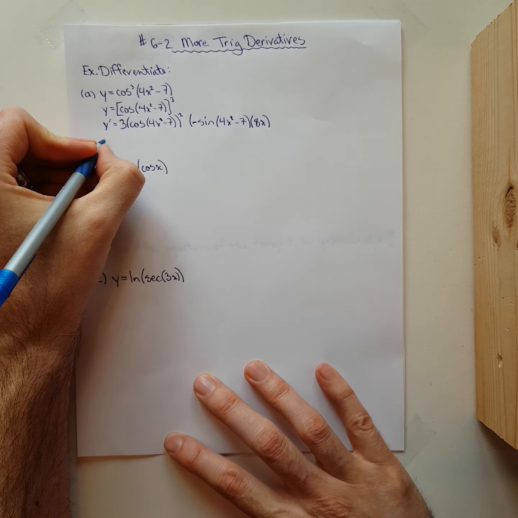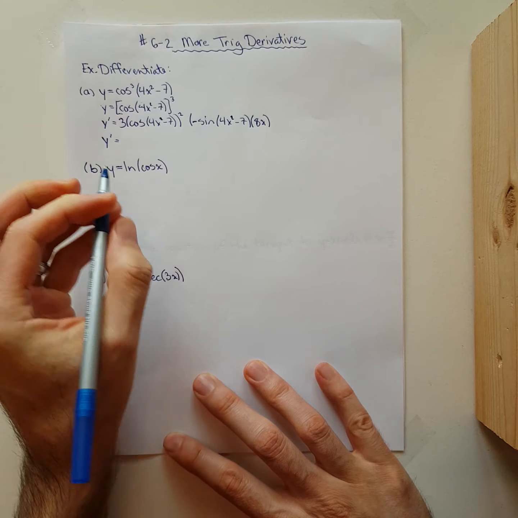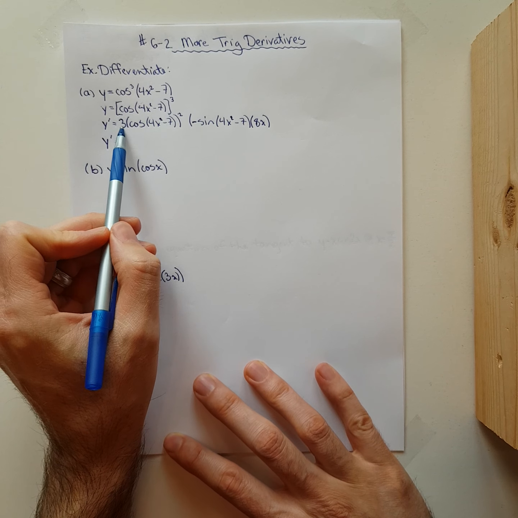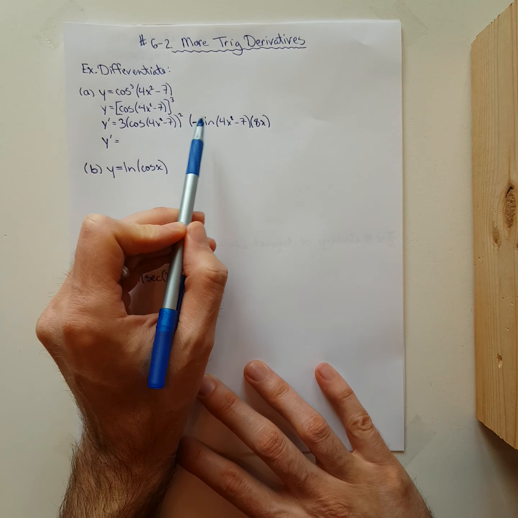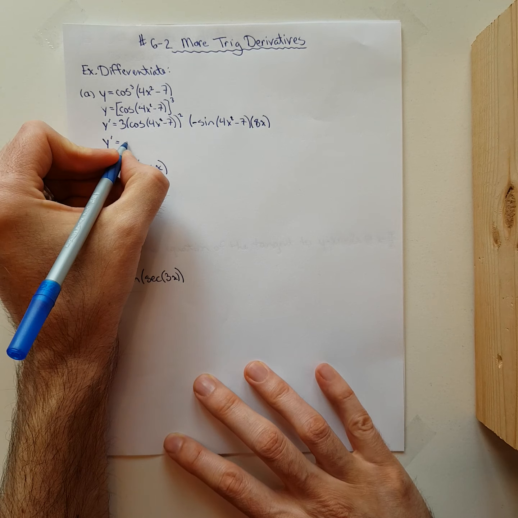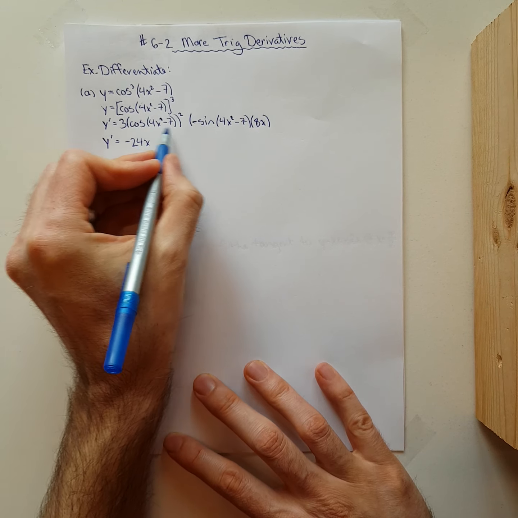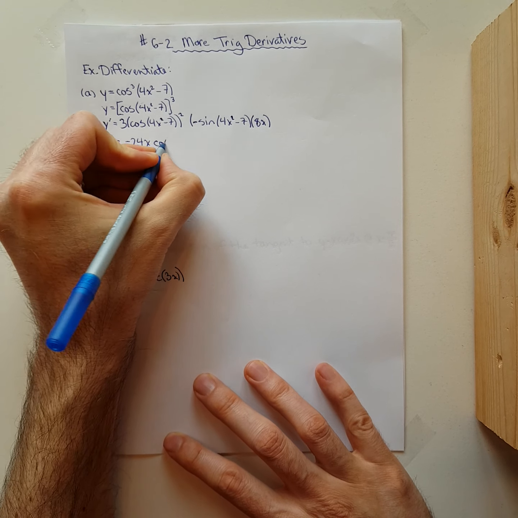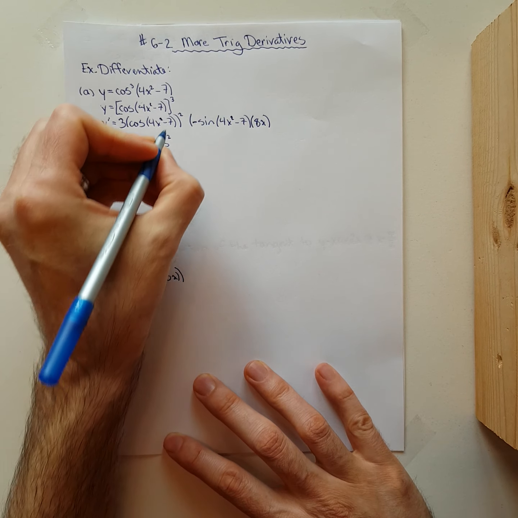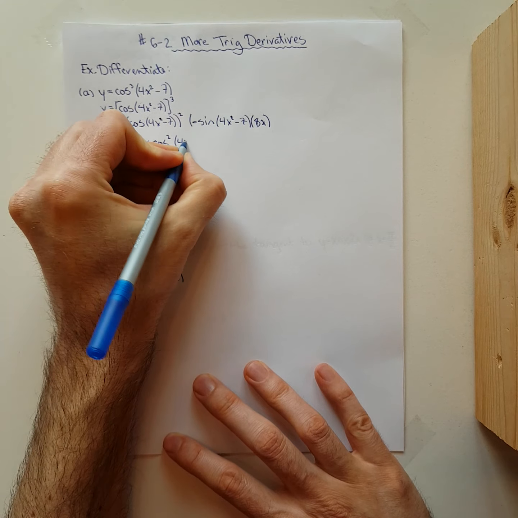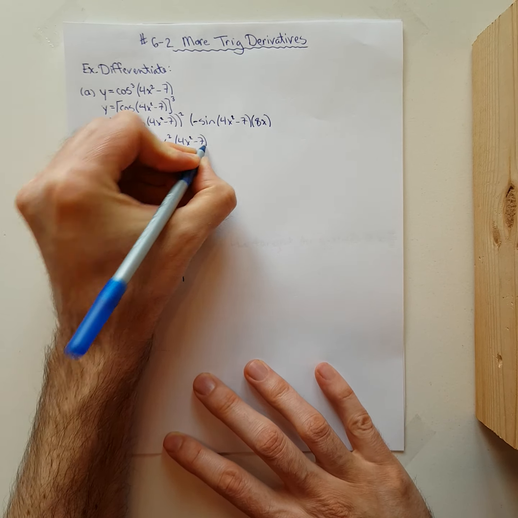If we now try to simplify this a little bit, I'm going to collect all the coefficients together. I have a 3, the negative, and I have the 8x to give me negative 24x. With the cosine here, I am going to just move that squared back in on the cos. It's just a little bit neater way to write that.